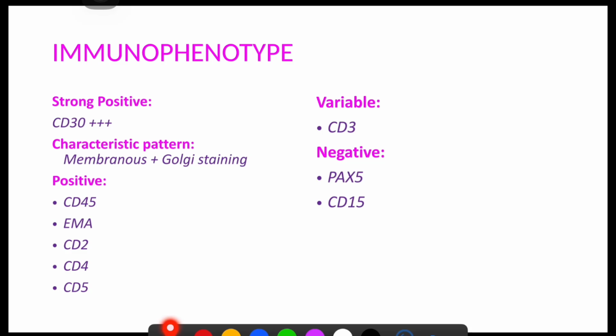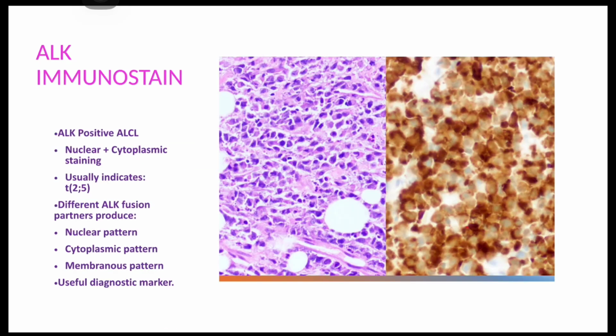Positive markers along with CD30 are CD45, EMA, CD2, CD4 and CD5. CD3 is variable, but PAX5 and CD15 are negative. So it is useful to differentiate it from Hodgkin's lymphoma. ALK immunostain will help to differentiate whether it is ALK positive or ALK negative ALCL.